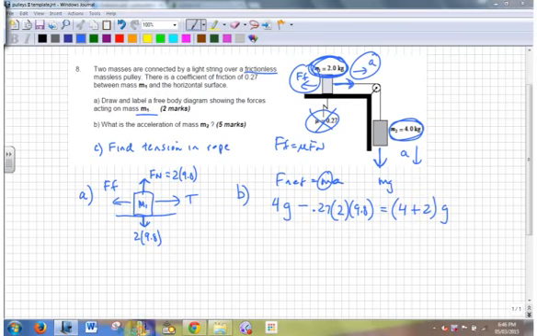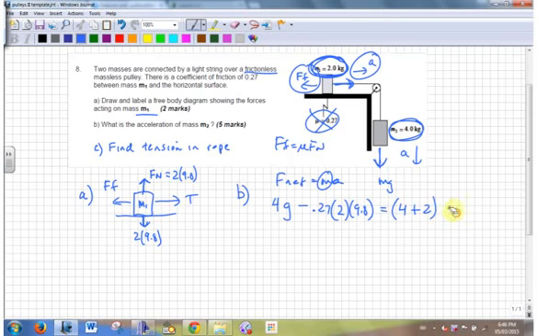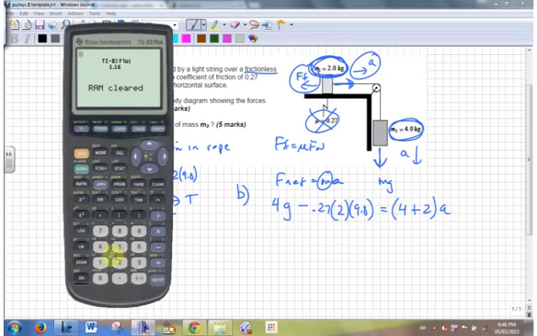Okay, so what do I have a G there? That's acceleration. Put that in our calculators. 4 times 9.8 minus 0.27 times 2 times 9.8, same thing.